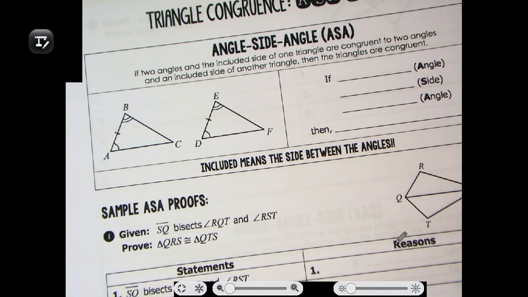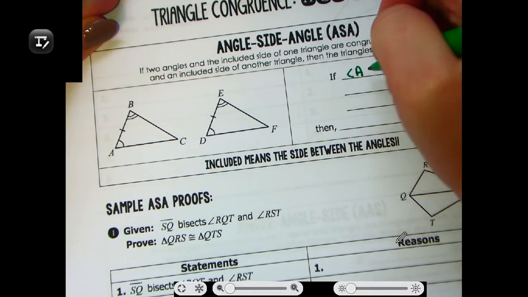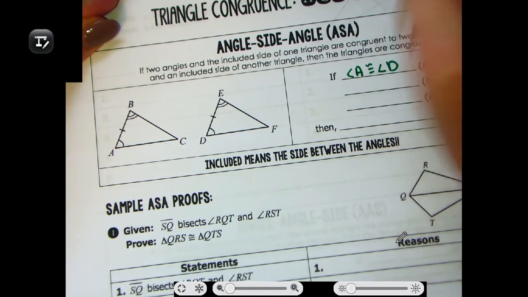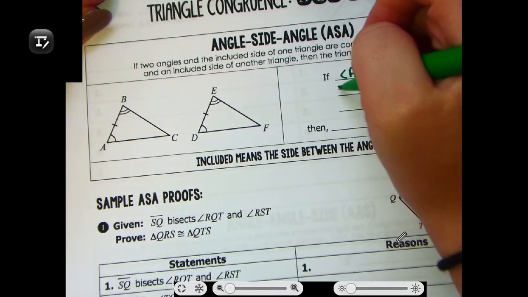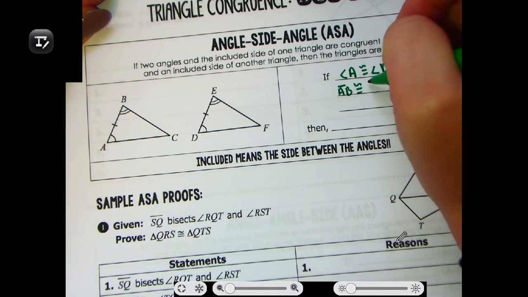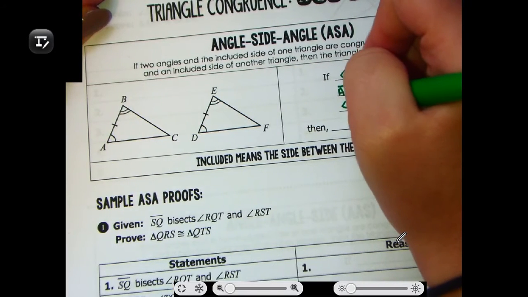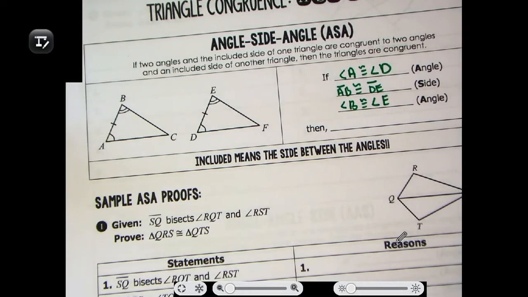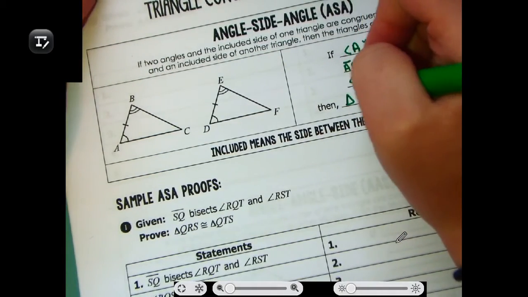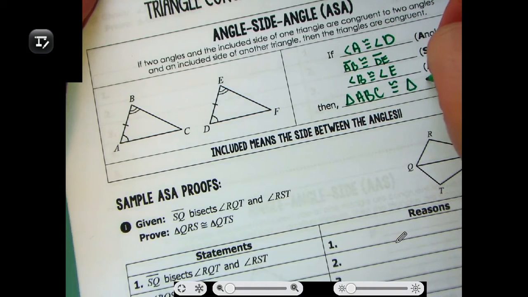So, for example, in this diagram here, we would say if angle A is congruent to angle D, and then you have the side here, so if side AB is congruent to side DE, and then also you have this angle, so if angle B is congruent to angle E, then we can say that triangle ABC is congruent to triangle DEF.